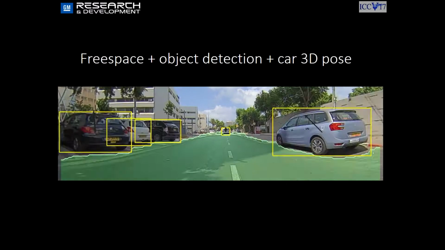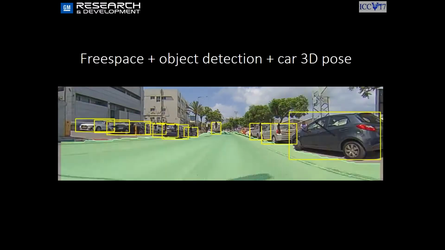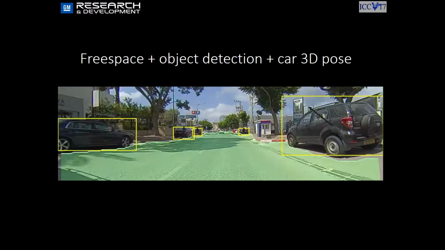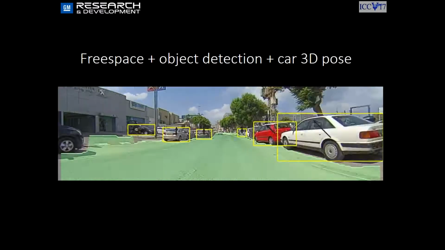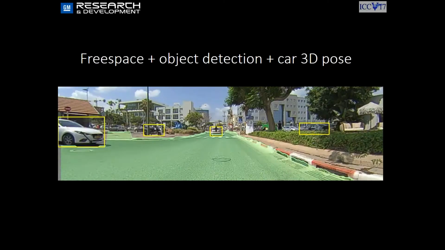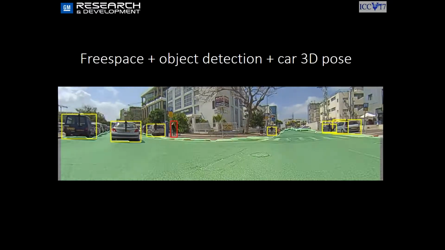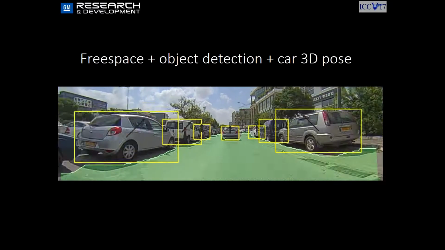And I'll show some movies. Again, this is a network which is fully trained automatically. It's able to detect objects, their 3D pose, but it also detects the free space, that's the greenish areas.